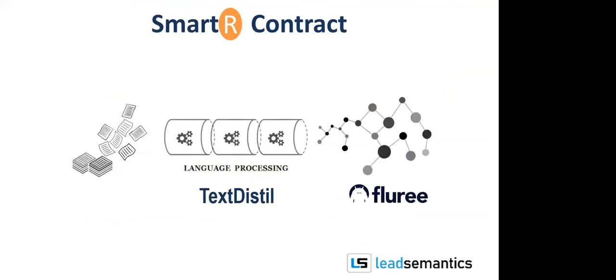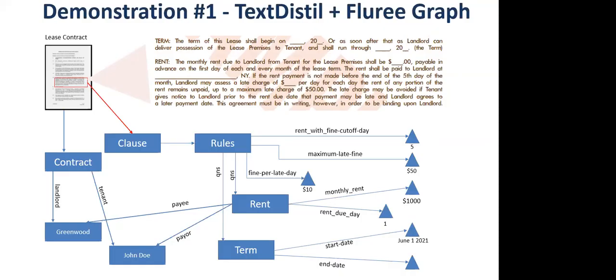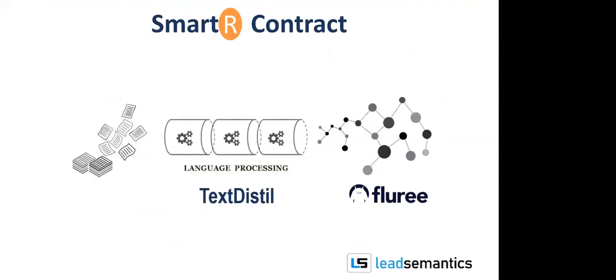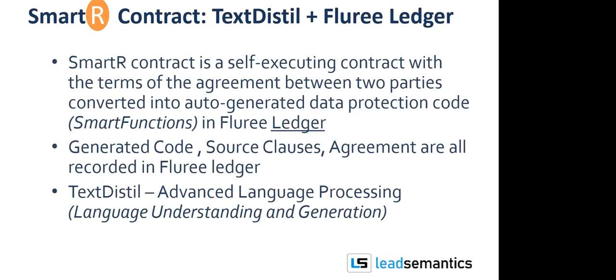So we will use a simple contract. We are calling these smarter contracts. You may have heard about smart contracts elsewhere, but in contrast, this is smarter in the sense that there is no human intervention in generating the code. As I mentioned, that is afforded by the core features within Fluree and the features within TextDistil.